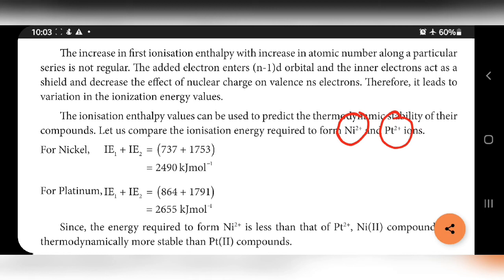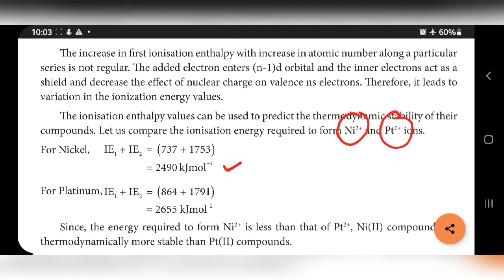For nickel, IE1 means first ionization energy and IE2 means second ionization energy. First ionization energy is the energy required for removing the first electron; second ionization energy is the energy required to remove the second electron. Adding these two values, you get 2490 kilojoules per mole.